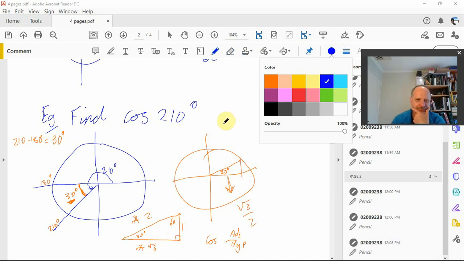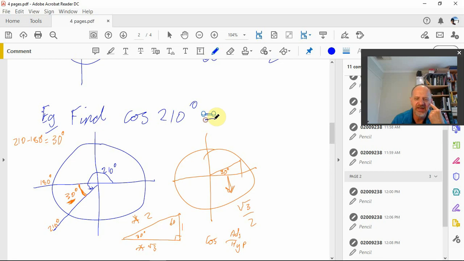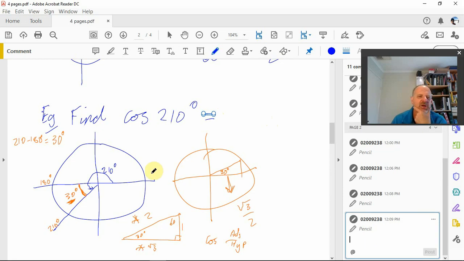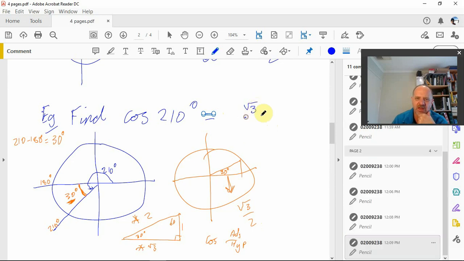So the cos of 210, what do we know about it? Well, we know it's related to the cos of 30, and the cos of 30 is root 3 on 2. The other thing we need to look at is which quadrant it's in. And so 210 is in over here, and that is the third quadrant.